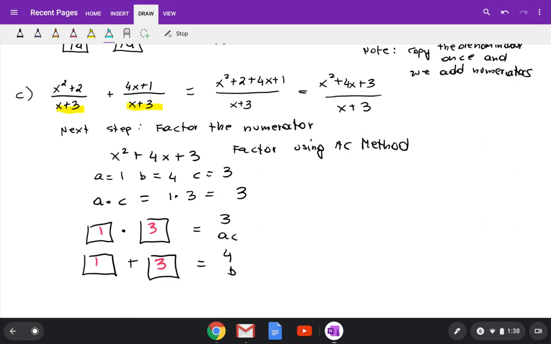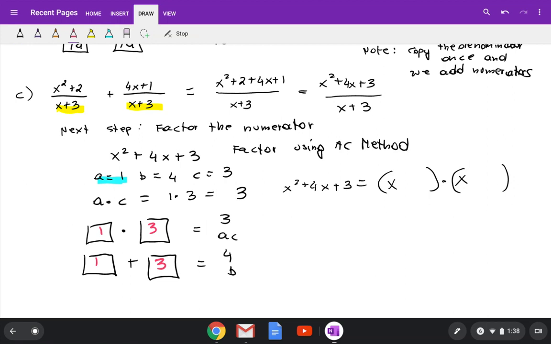Now here we have a nice case because the leading coefficient is 1. There's only 1 in front of x squared. So to factor x squared plus 4x plus 3, technically we're done here. You're putting two parentheses, splitting that x squared in half, so you're getting x and x.